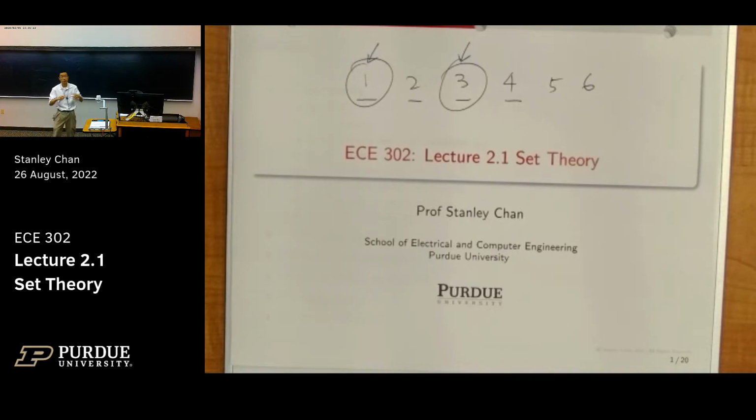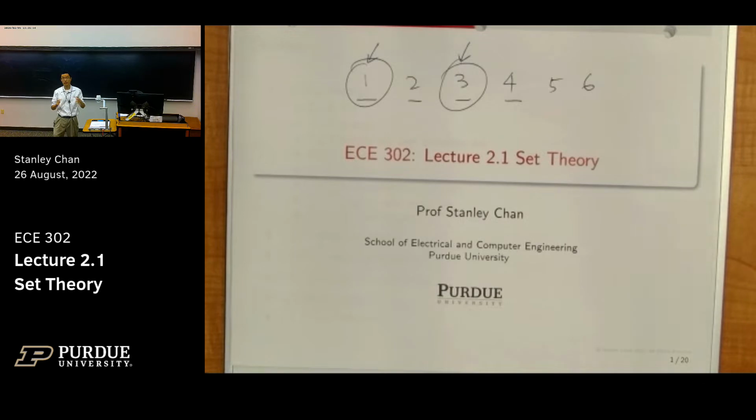The sample space is the set that contains all the possible outcomes that you can ever think about in this experiment. If I'm not throwing a die, I'm flipping a coin, what is the sample space? 2. Very simple. You see that there is a sample space involved. There is a collection of all the possible cases.